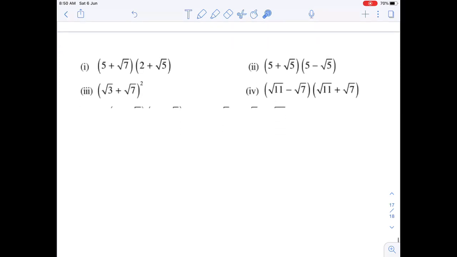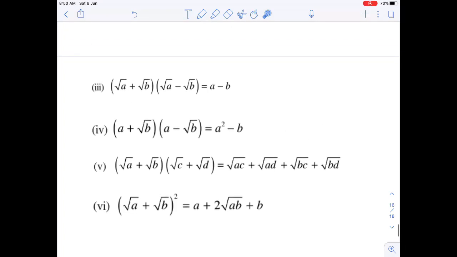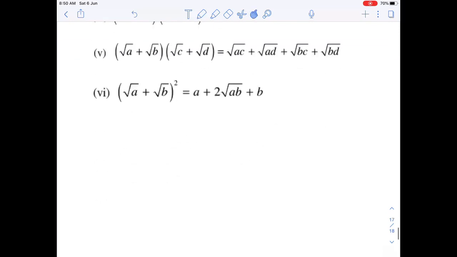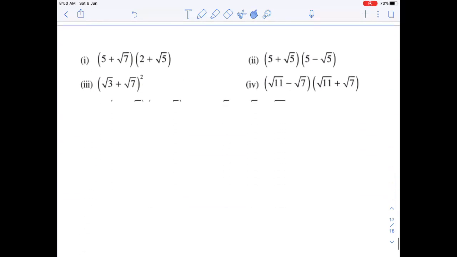Remember, if you are not able to memorize this rule, our simple rule is: first term with full bracket, second term with full bracket. That will be easy for you to understand. Let us solve the examples in that same way. First example: (5 + √7)(2 + √5).